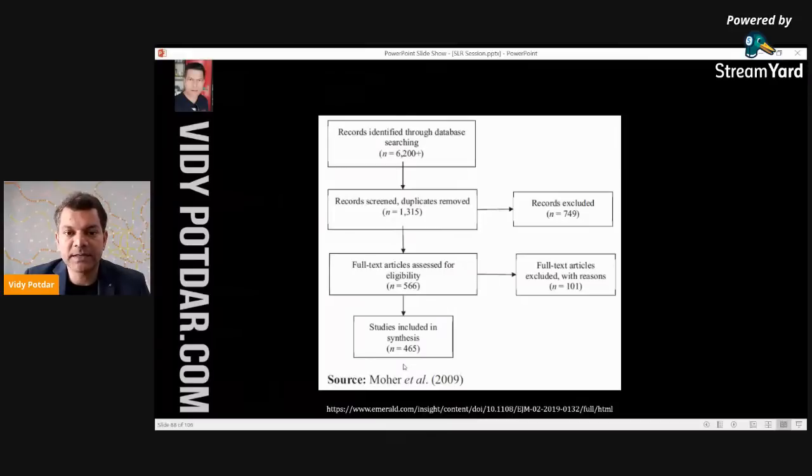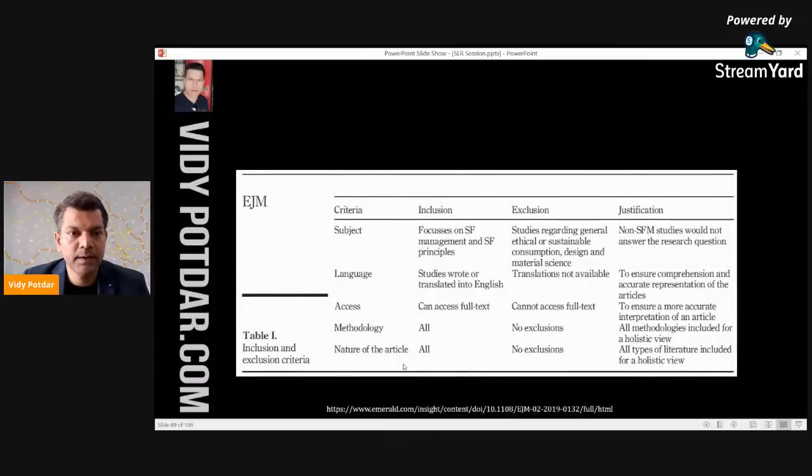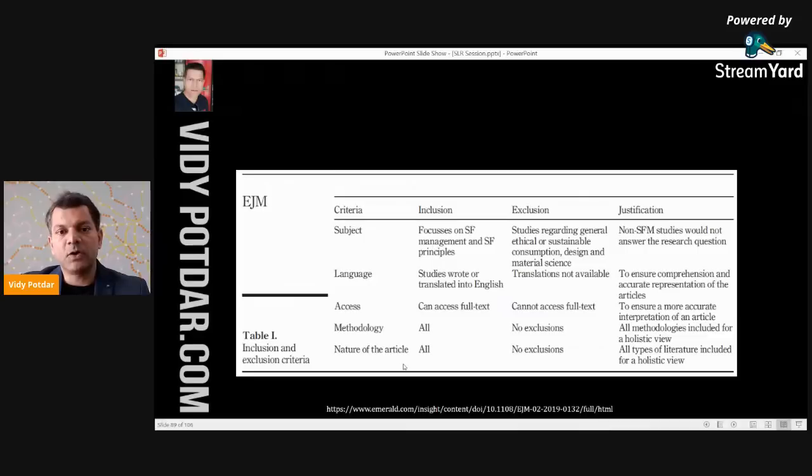So it's a very large collection. What I liked about this paper is they have shown the information or synthesis using tables, and that is very helpful for readers to evaluate. This table is about inclusion and exclusion criteria, and you can see the way they have mentioned the inclusion criteria, exclusion criteria, and the topic, so the subject.